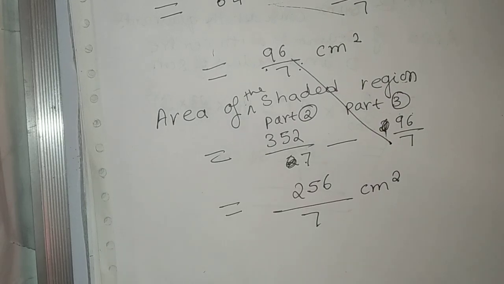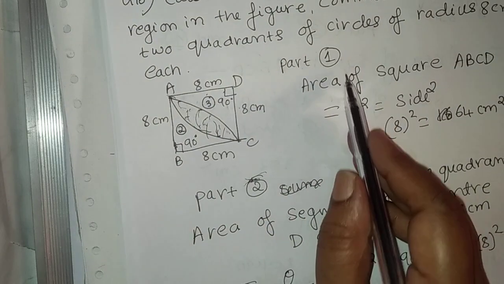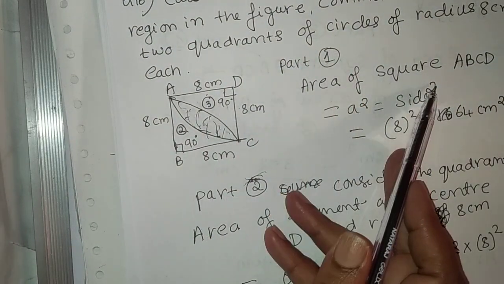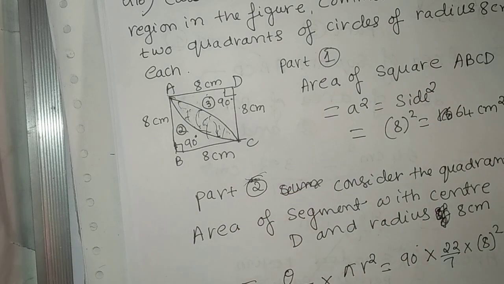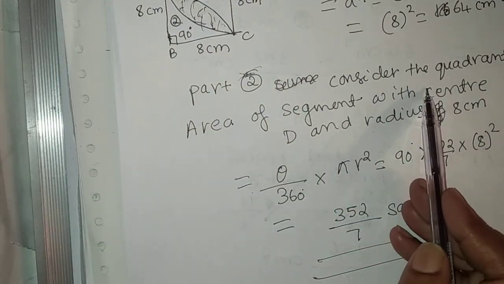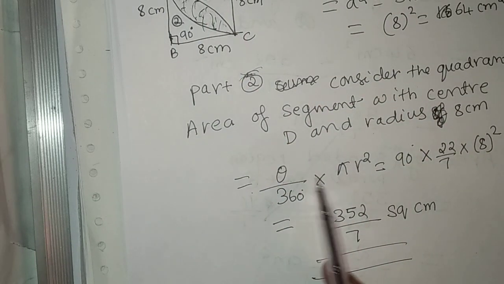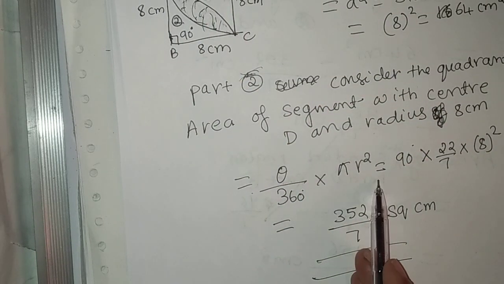This is the solution. We divided the problem into parts. The first part we found the area of the square. Then the second part we considered the quadrant with center D, and we have the formula theta by 360 into pi r square.